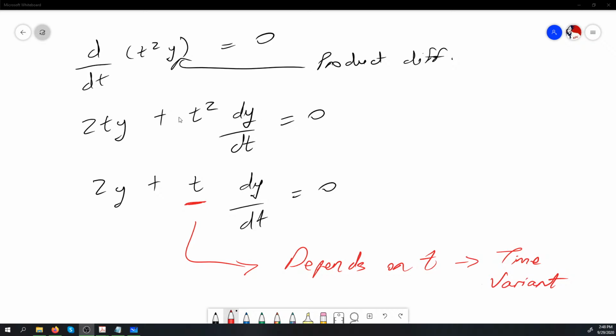If we factorize out a t component, or divide both sides by t, you'll get 2y plus t dy dt equal to 0. And because we have this t component in the equation, the entire equation relies on it. As such, the entire equation is going to be time variant.